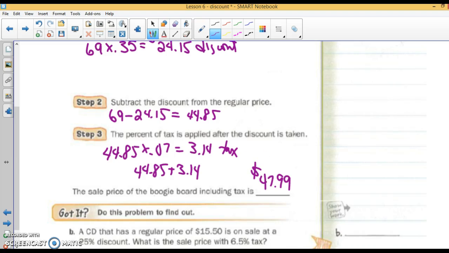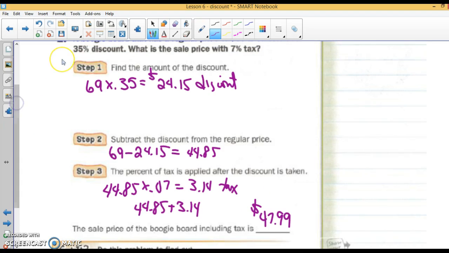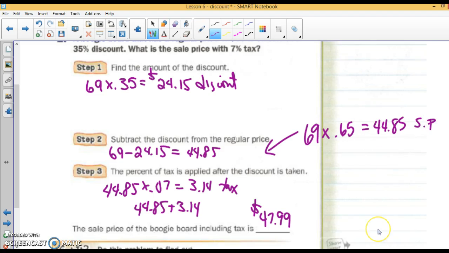Now, you could have done method 2. This is method 1, where you found the discount and subtract. To get the sale price right away, I could have done 69 times, if we are saving 35%, that means we are spending 65%. So times 0.65. That'll take me right to the $44.85 sale price. And then I can find my tax on that.